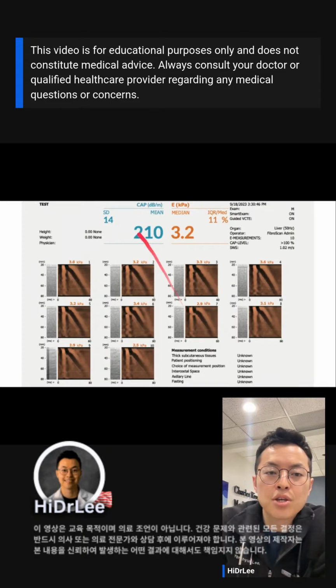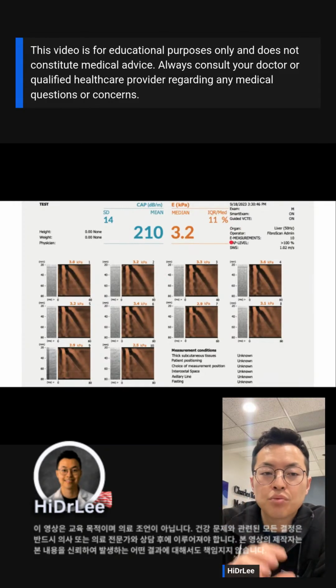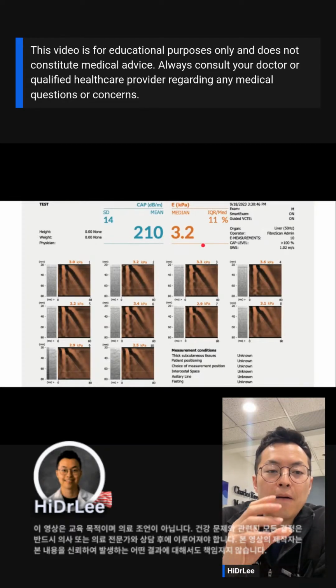And the IQR should be below 30% for us to say this is a reliable test. So you will see CAP, which tells us the amount of fat in the liver, and you will see kPa, which will tell us the fibrosis in the liver.